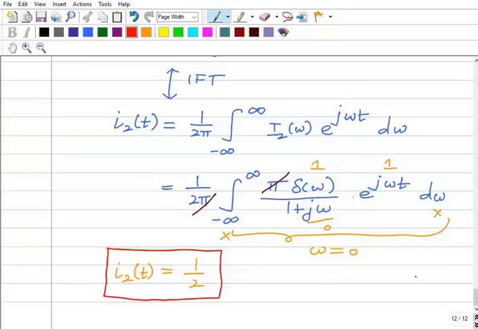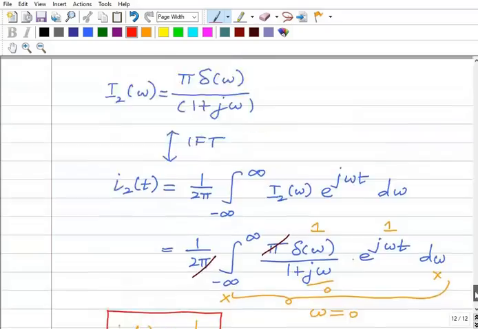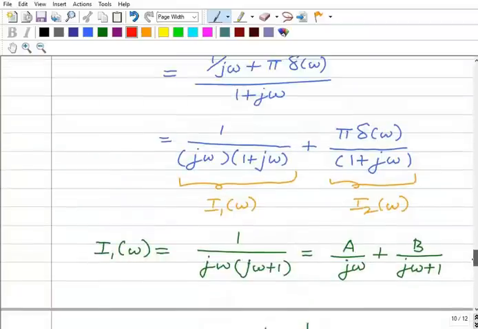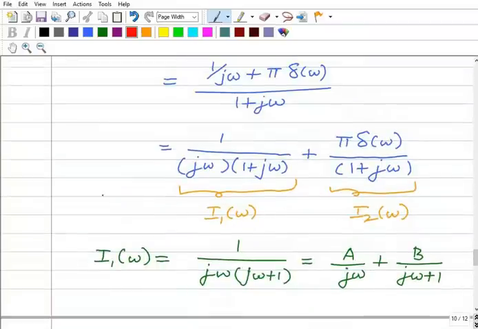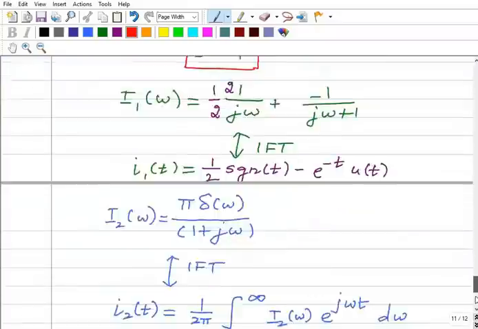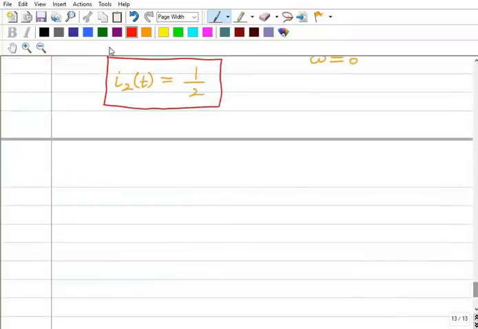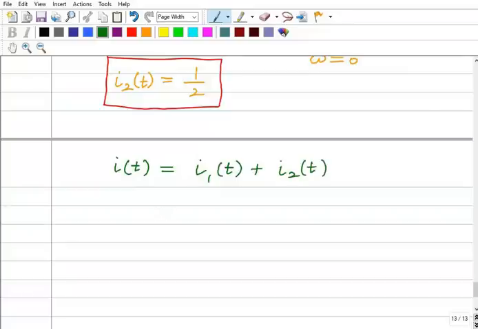Now I know the linearity property. Separately, I calculated the inverse Fourier transform for the first term and the second term. Let me add, that will give the required I of omega. Okay, not I of omega, in the time domain it is I of t. So I of t, which is actually required, is equal to I1 of t plus I2 of t.